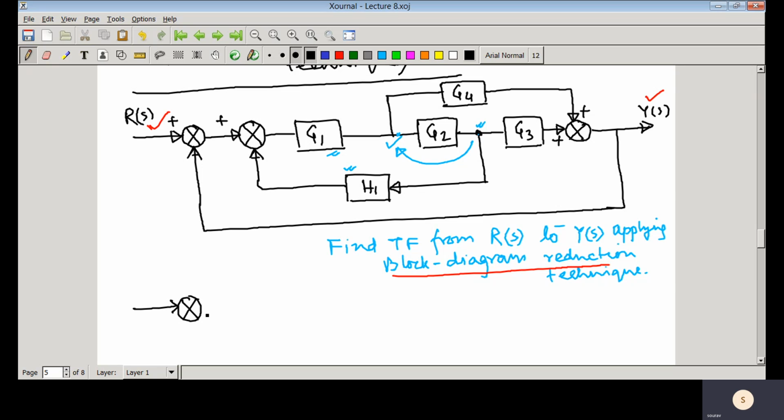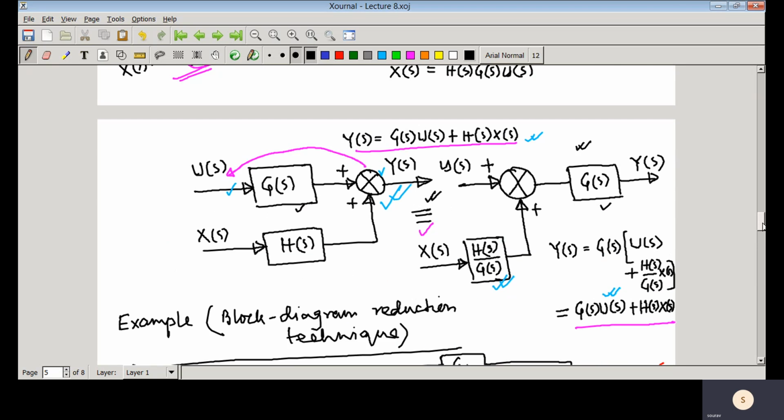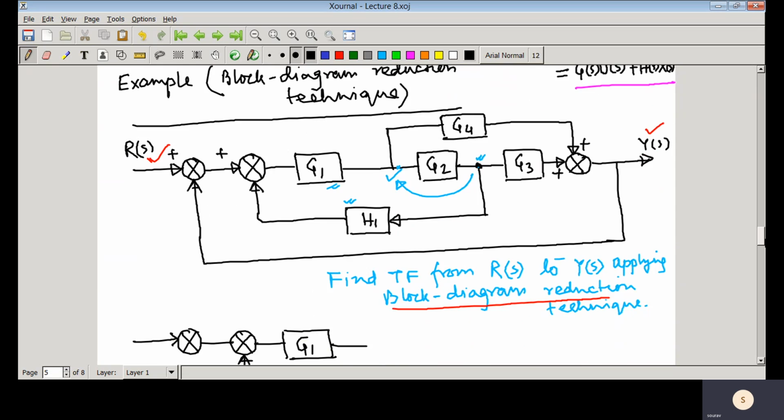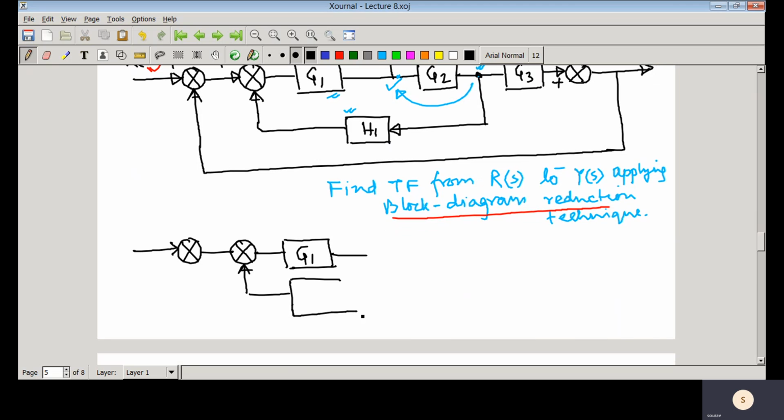That means this is that block diagram, these are two comparators, and here you have that G1. So now we are just going to change the position of that tapping point. So whenever you will be changing that position of the tapping point, you have seen it. That means if you change the position of the tapping point from here to here, so you will be having a product. So then you can see it here. So you have G2 into H1.